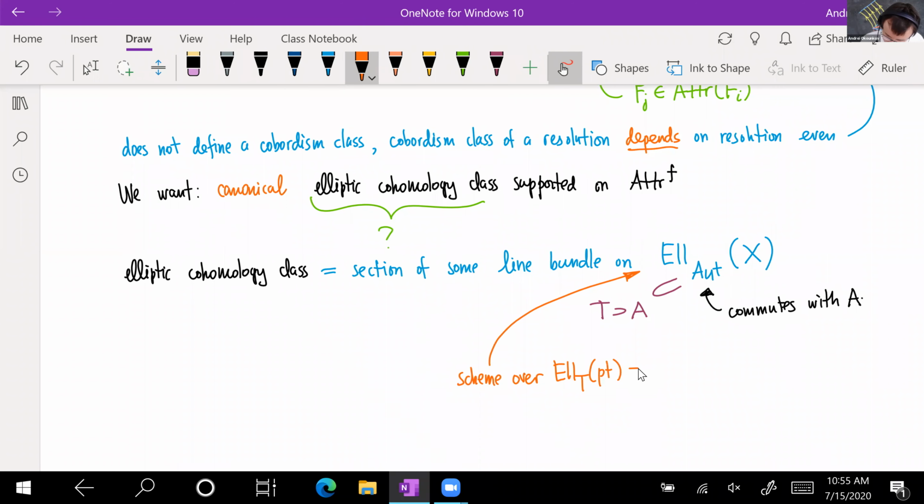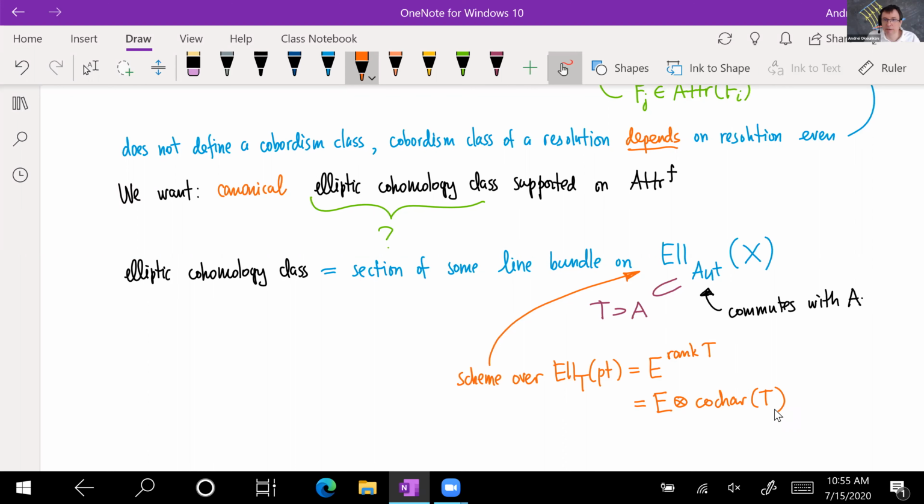And so this is just a bunch of elliptic curves. So this is just the elliptic curve raised to the power of the rank of that torus. Maybe more canonically, that's the elliptic curve tensored with the cocharacter lattice of the torus.